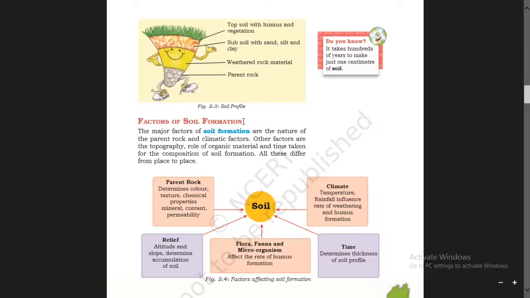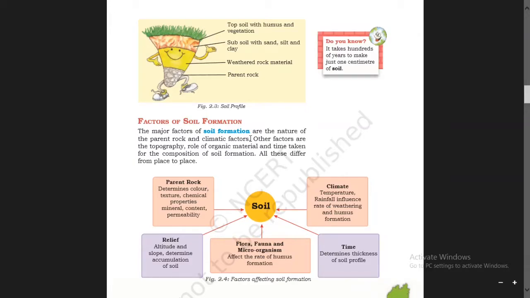Factors of soil formation. Let us see what are the factors which are required to form soil. The major factors of soil formation are the nature of the parent rock and climatic factors.